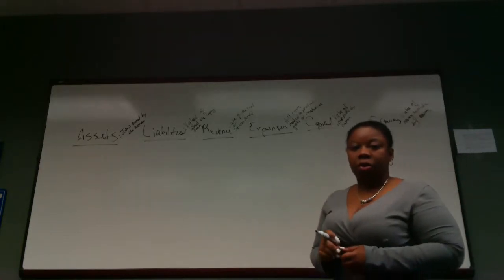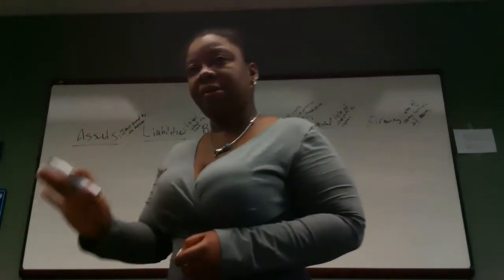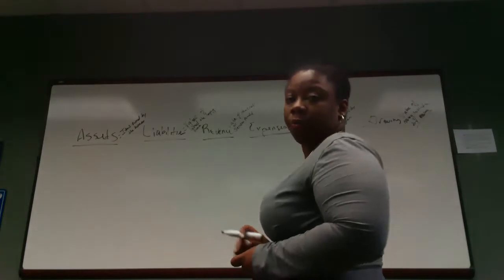Drawing is the value of money withdrawn by owner, and it has to be by the owner. So drawing is the value of the money withdrawn out of the business by the actual owner.